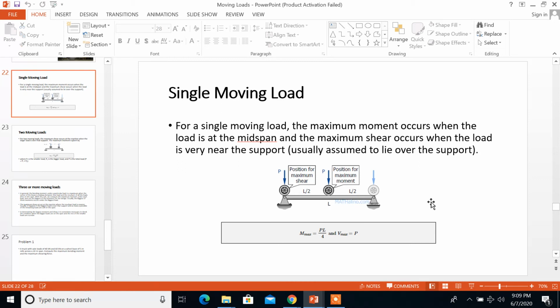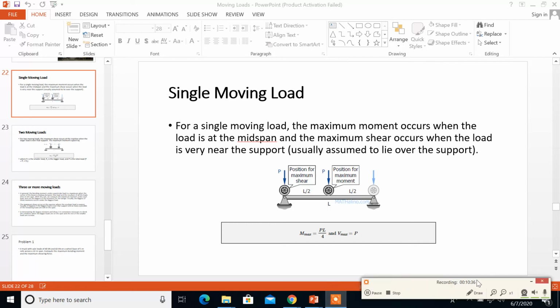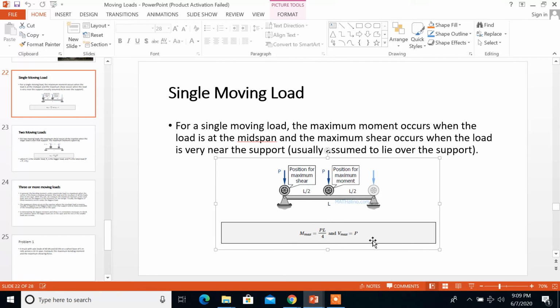So, ayan. Formula for moment maximum is equivalent to PL divided by 4, and formula for shear maximum is equivalent to P. So, ayan is for single moving load.